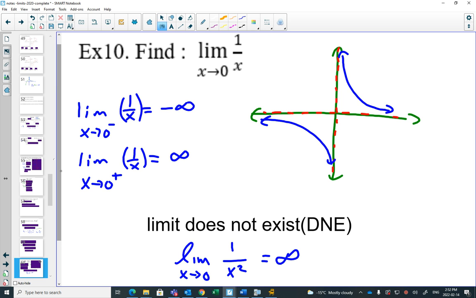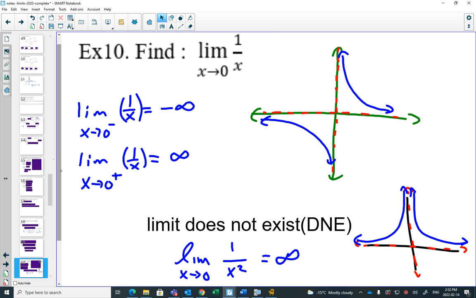If you draw the graph for 1 over x squared, oh, and you guys all took grade 11 math during the pandemic, right? Nobody's pre-pandemic grade 11.